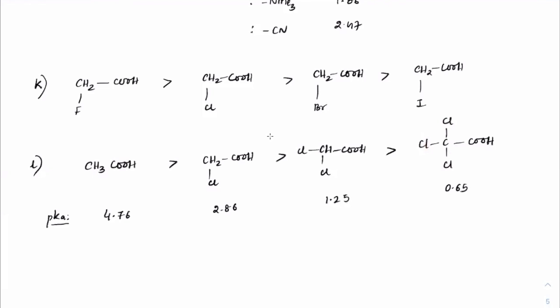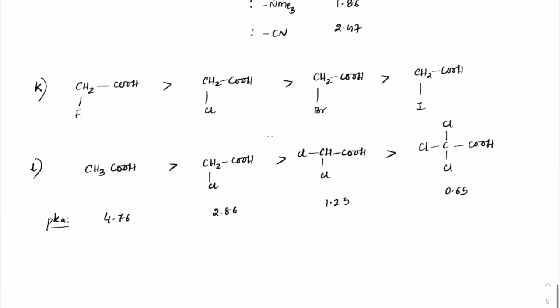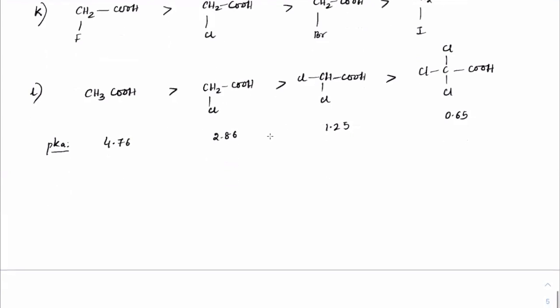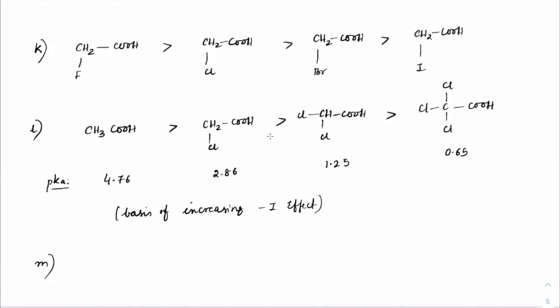Trichloroethanoic acid is quite acidic, around 0.65 pK value. This is on the basis of increasing minus I effect. Oh, sorry, reverse order. Yes, this is more acidic.